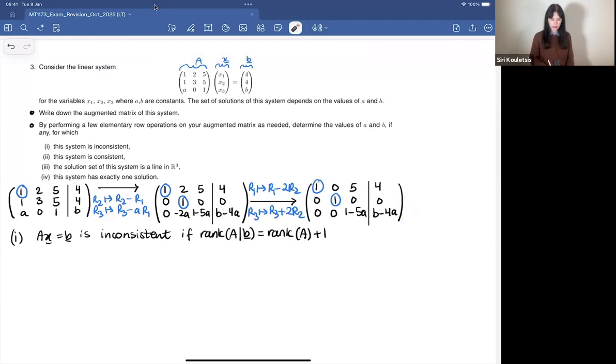Because then we have a final row here, 0, 0, 0, something non-zero, which corresponds to an equation of the form 0x1 plus 0x2 plus 0x3 is something non-zero. And there aren't any values of x1, x2, and x3 that can satisfy that. And so let's see when this happens.